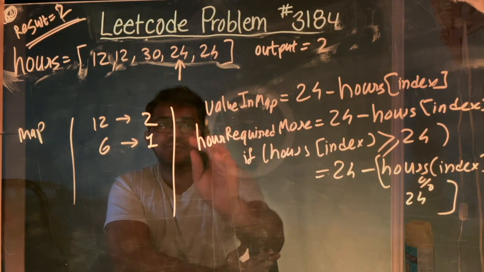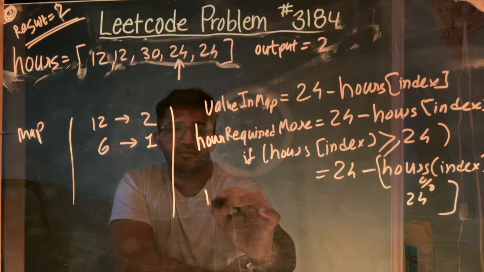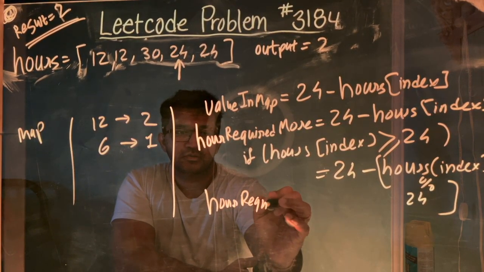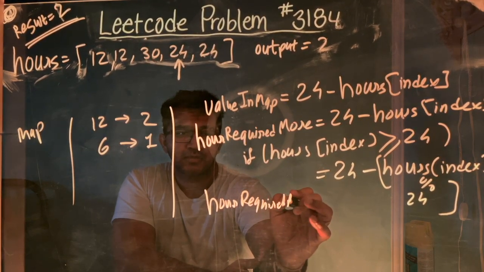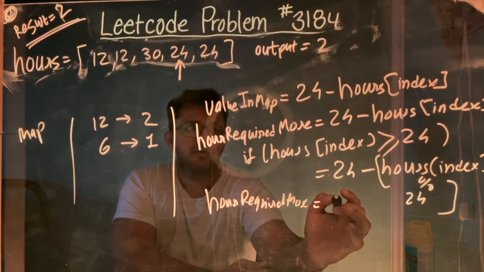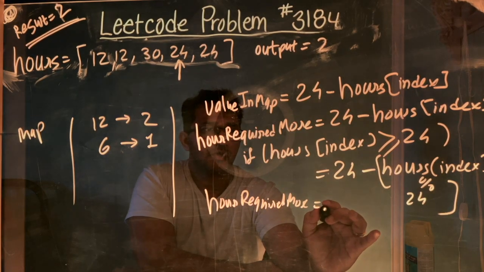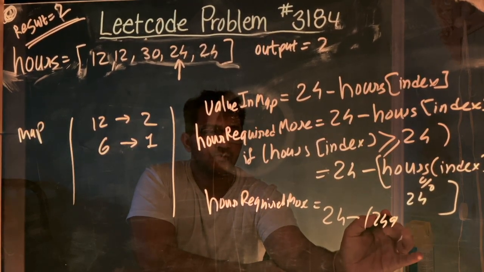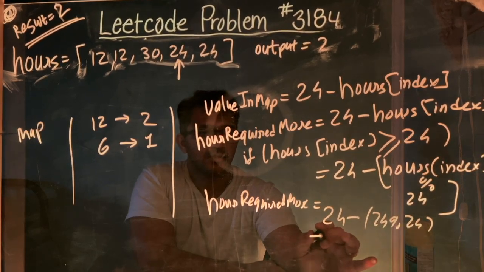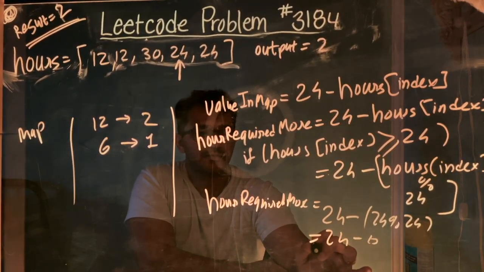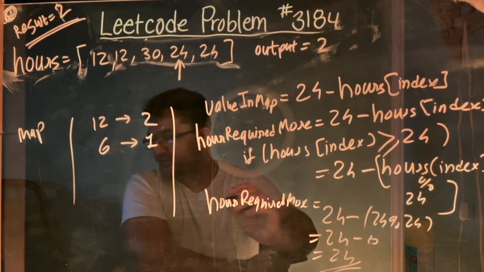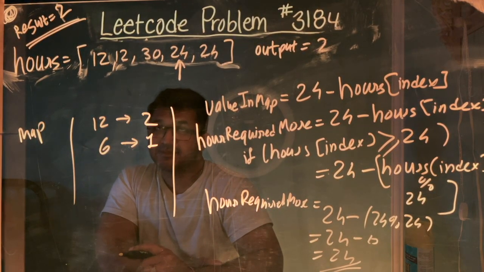For the 24, the hours required more is going to be 24 minus 24 modulo 24. So it's 24 minus 0, and we are looking for whether the 24 exists in the map or not.